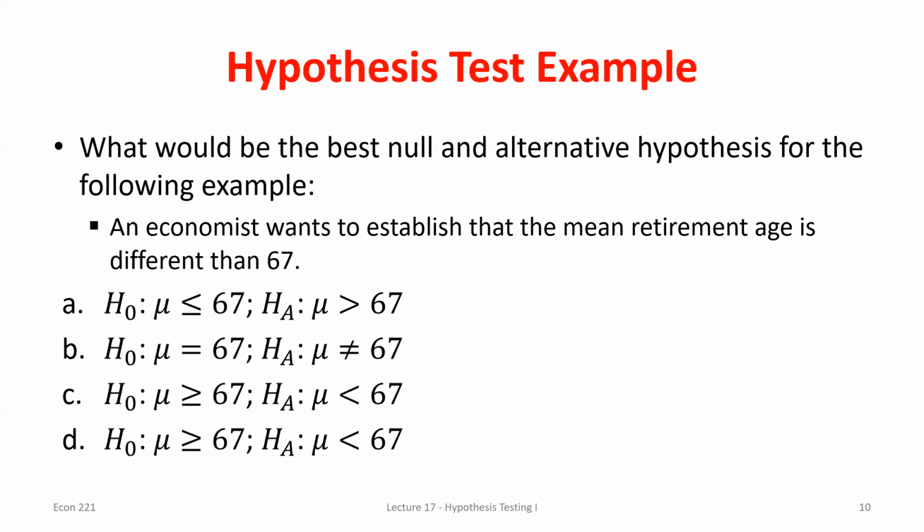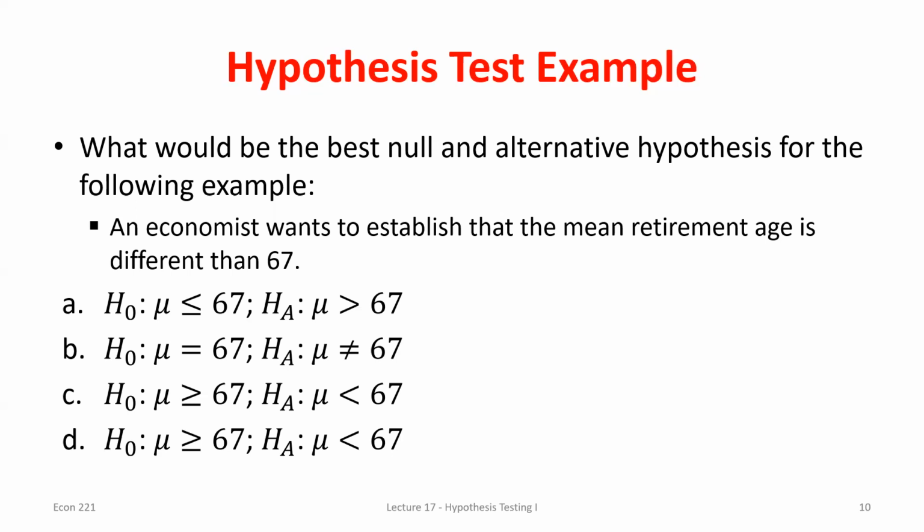Is that mean retirement age different than, or not equal to, 67? The way we usually speak in English is we say it's different than a certain value, but we're really saying it's not equal to that. So anytime you see the words different than, think two-tail test. Different than means you're always going to have this not equal to sign in the alternative hypothesis, which means the exact opposite of that.